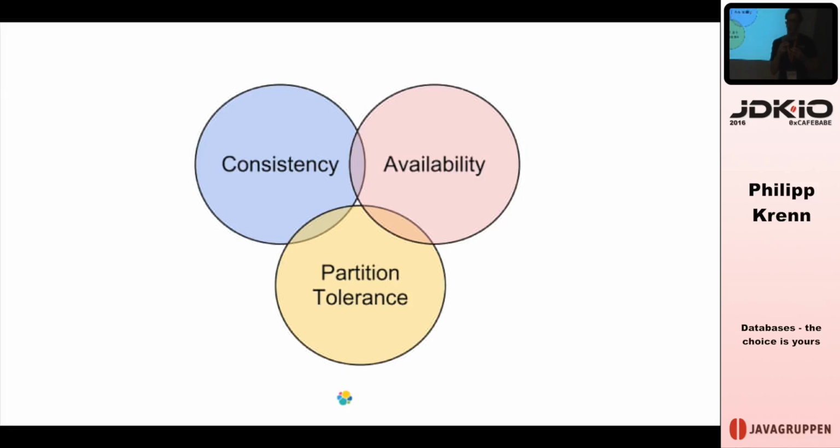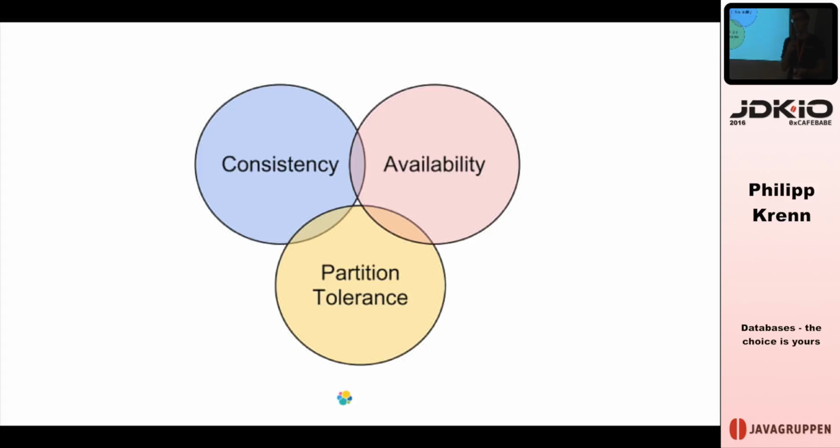And the third thing is, if you have a distributed system, partition tolerance is kind of a given. Bad stuff can happen. Networks can fail. You can have a long stop-the-world garbage collection. You don't know if the application is up or down. So you just have to expect the unexpected in your network. And this partition tolerance is something every distributed system will bring to you.